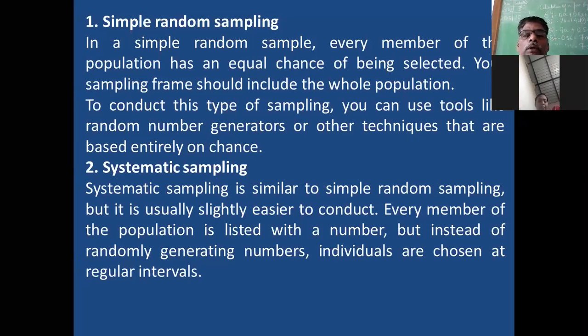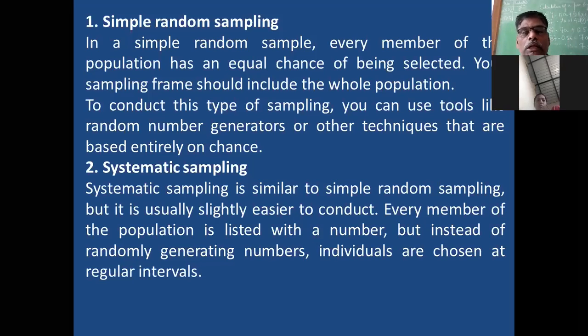For example, roll number 8 is selected. 8, 16, 24, 32, 40, 48, 56, 64, 72, 80. 10 students. Like this, systematically you select.